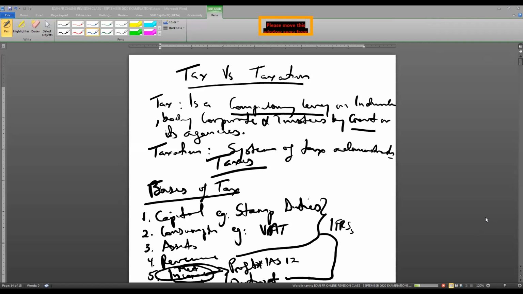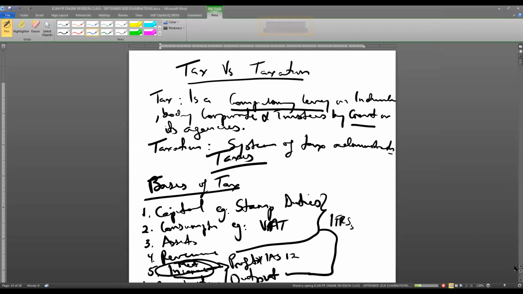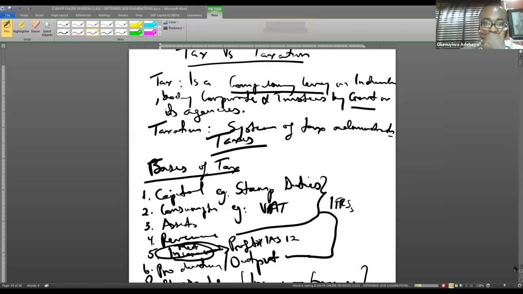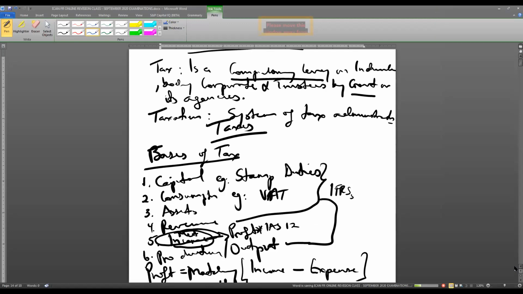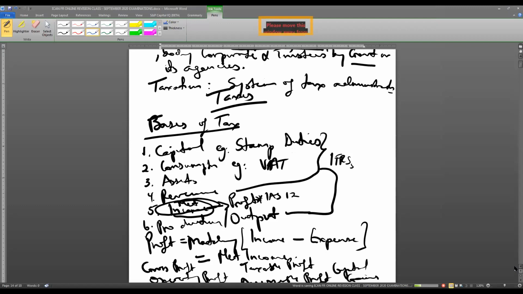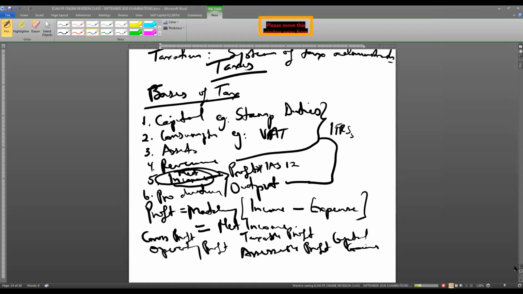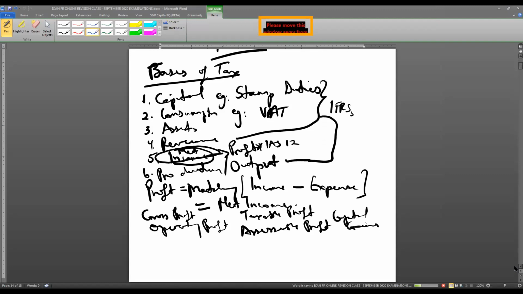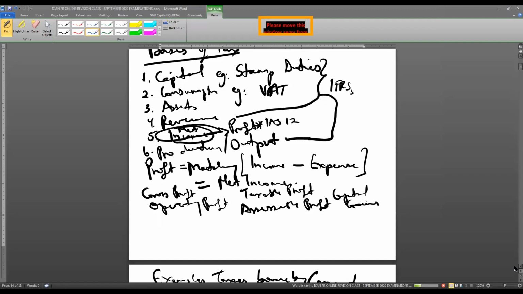Okay, so I'll attempt a summary. Basically, we talked about how to compute income tax, what comprises income tax, as well as how to compute the components. You told us that income tax would comprise the current tax and the deferred tax.